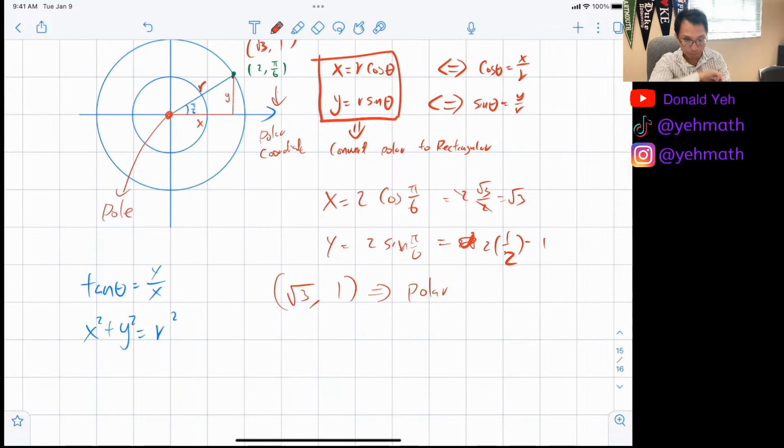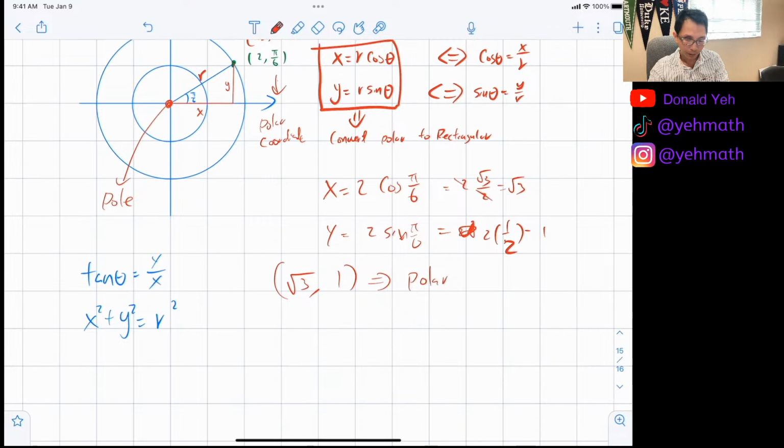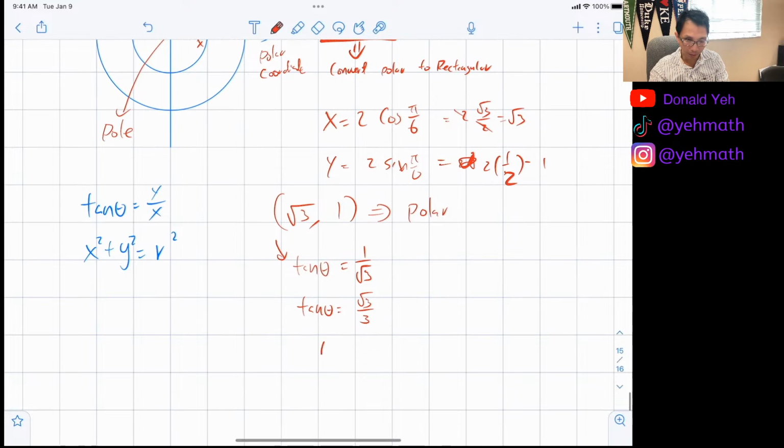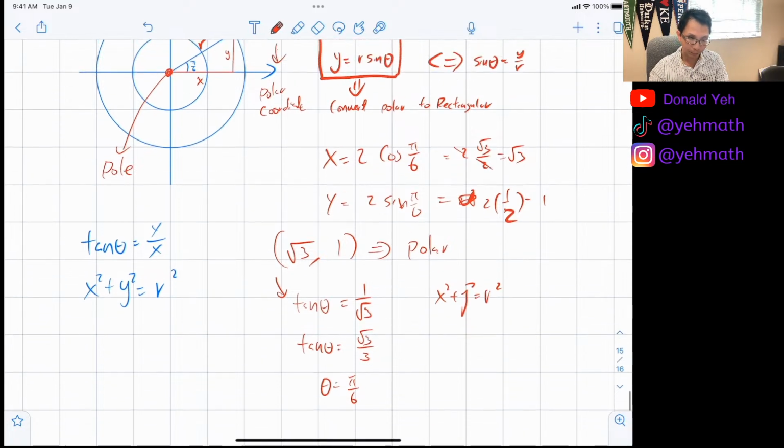Can I just use the tangent formula first? 1 over square root 3, which we can rationalize. Yep, that's just gonna be pi over 6. That's exactly correct. And then you got x squared plus y squared equal to r squared.